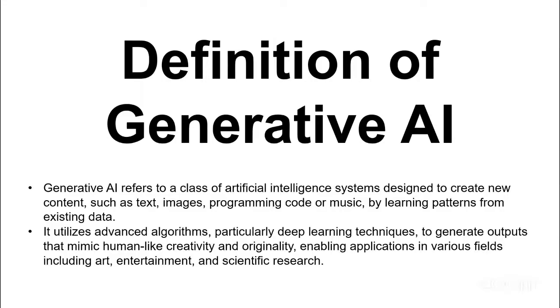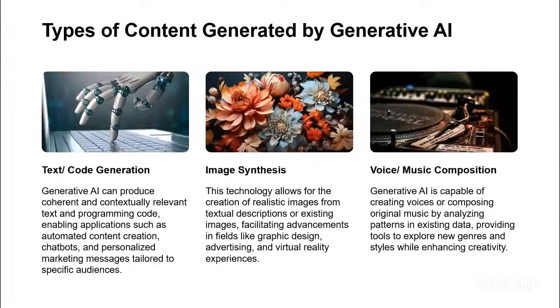If everybody tries ChatGPT, it will create a different version of the letter for them, right? So for some questions, GenAI will give you a varying answer. For some questions, the answer is going to be very fixed. And it is based on the context and the training. So that is one of the properties of GenAI.